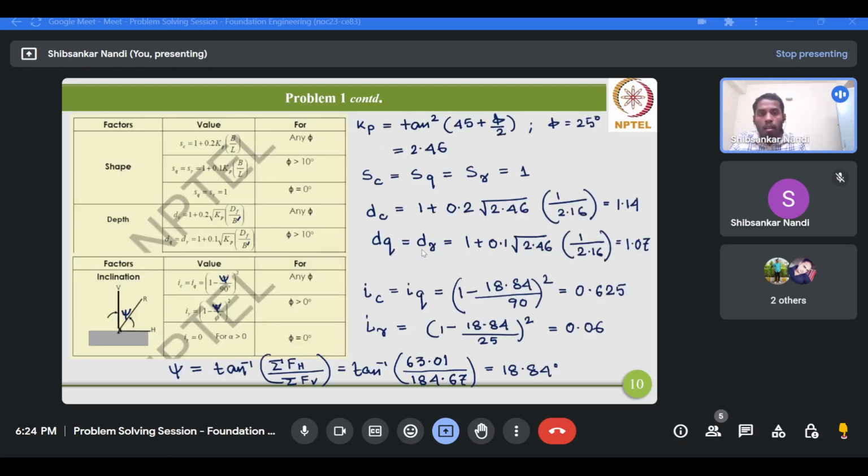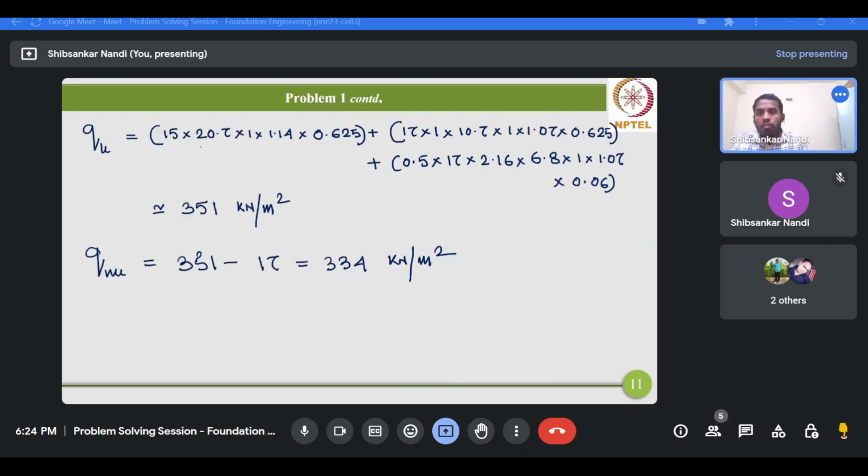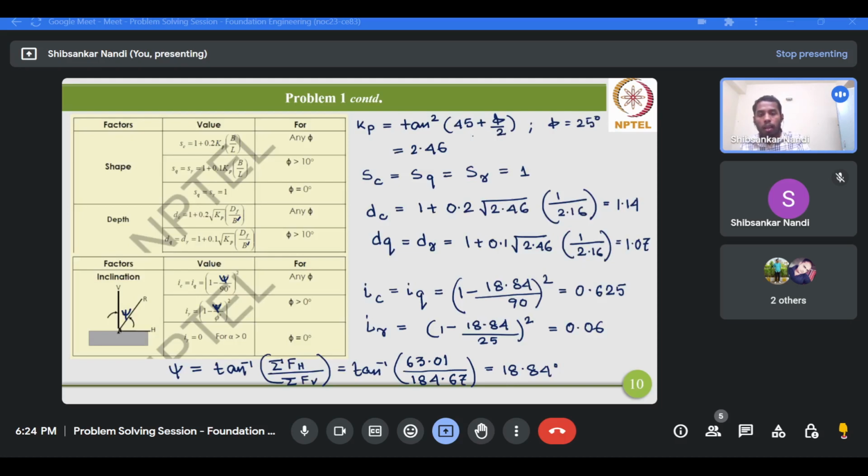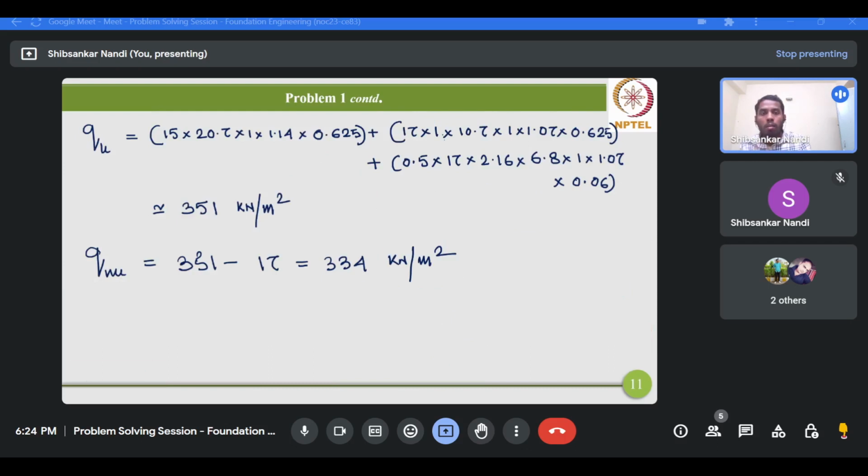so I think I did a mistake. I don't know whether c NC, SC, DC, IC, gamma DF, NQ, okay, these factors are correct or not? 10.7, gamma DF, DQ, SQ, DQ, IQ, 0.5 gamma B, N gamma, S gamma, D gamma, I gamma.